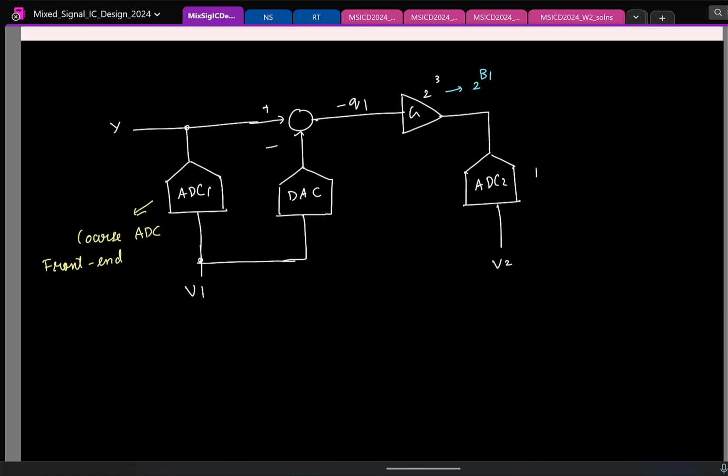Fine ADC, or we say it's the back-end ADC. And the subtracted signal, we call it the residue. Which means the amplifier which amplifies the residue, what will I call it? That's all.